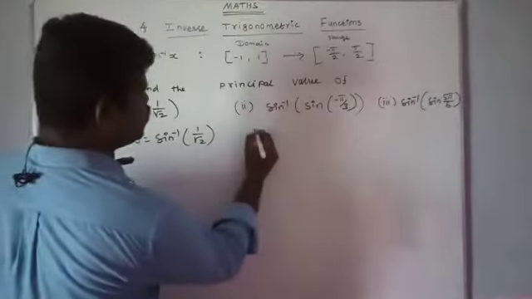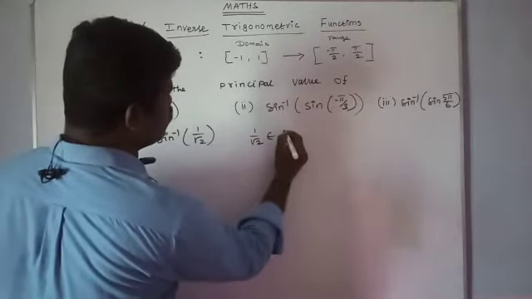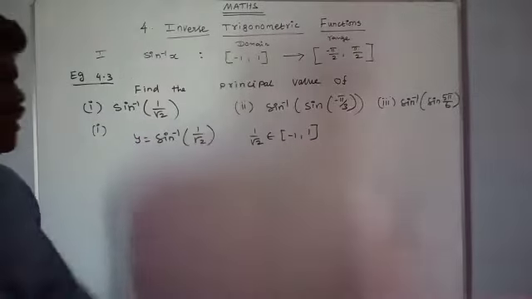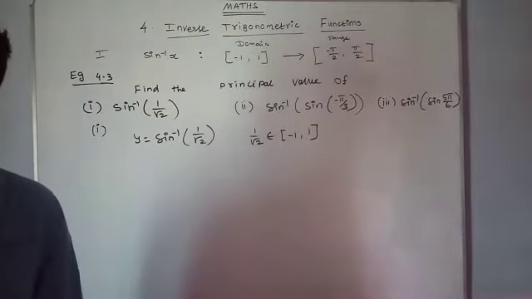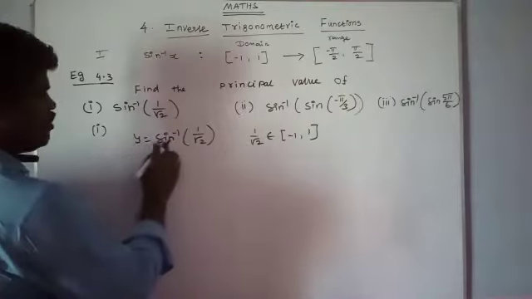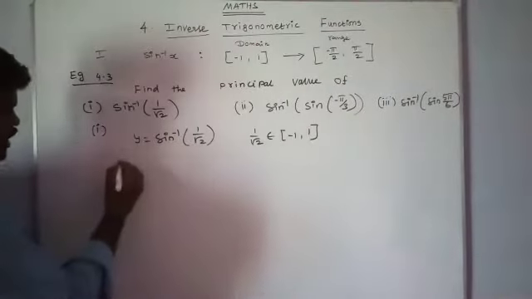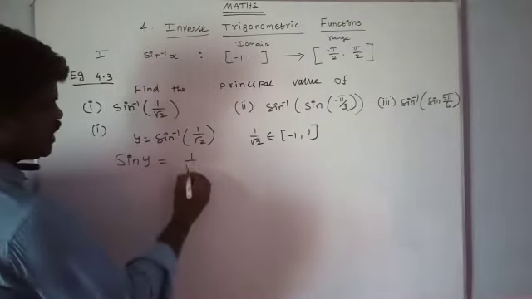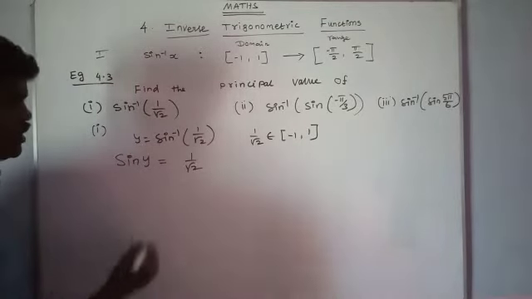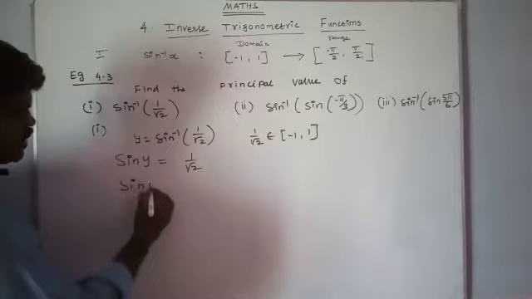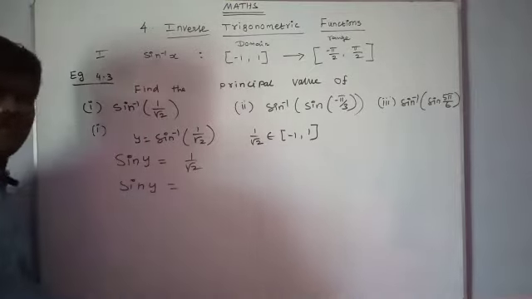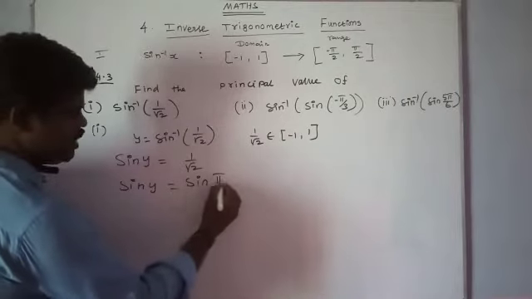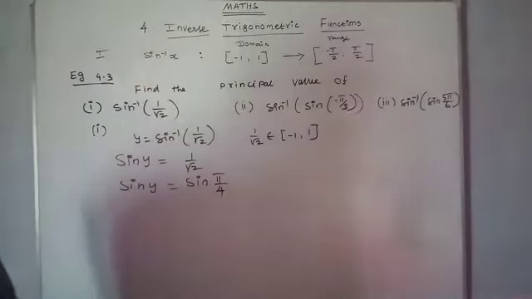So 1 by root 2 belongs to minus 1 to plus 1, because 1 by root 2 is a value of 0 point something. Right. So here y is equal to sin inverse of 1 by root 2, and take sin this side. Sin y is equal to 1 by root 2, and this is the value of sin 45 degree. Sin 45 degree means pi by 4.